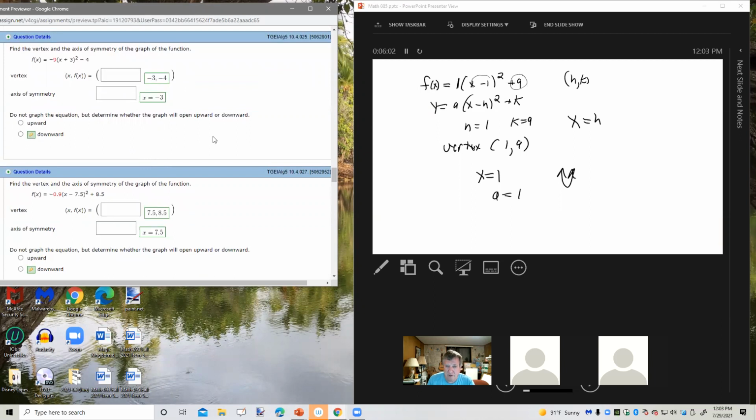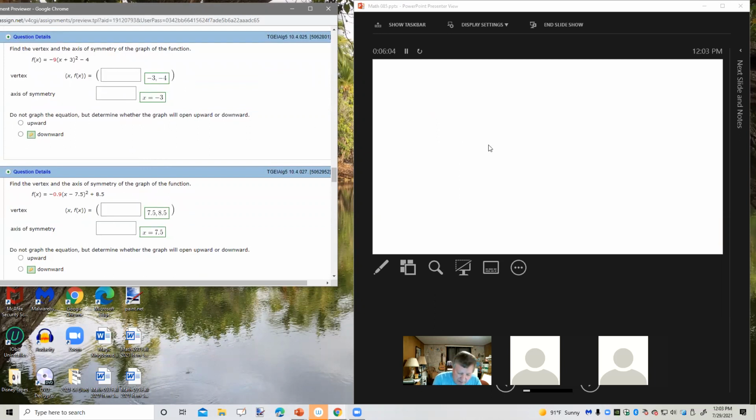Okay, so let's see here. We've got f of x equals, it looks like a tree or something. F of x equals -9 times x plus 3 squared minus 4.